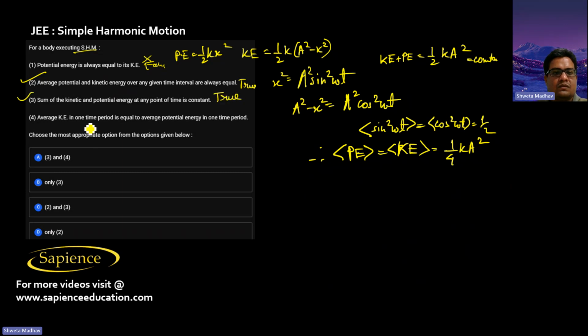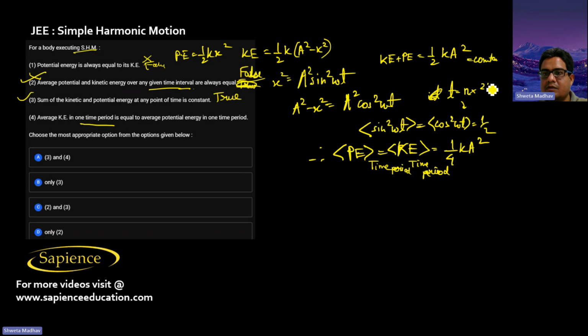And the fourth: average kinetic energy in one time period. Okay, average potential and kinetic energy over any given time interval are equal. That is false. Why? If we take it over one time period, then that will be the same. Over one time period only will that be the same, since the average of sine squared ωt and the average of cos squared ωt is half only if the time is an integral multiple of the time period 2π by ω.